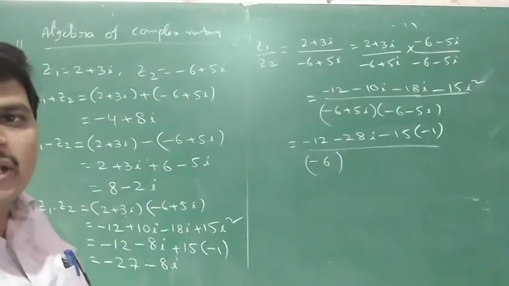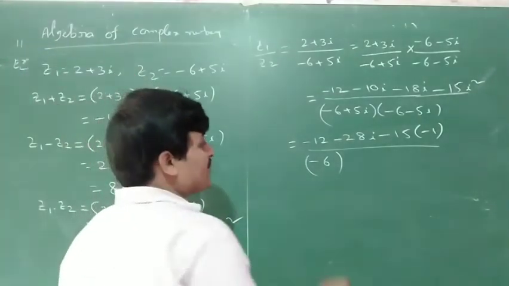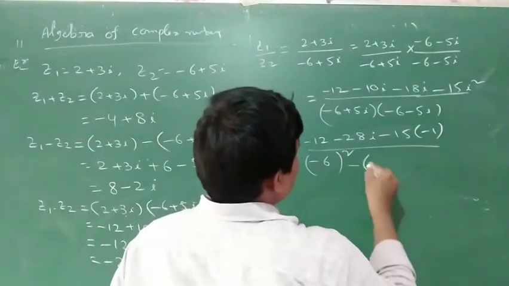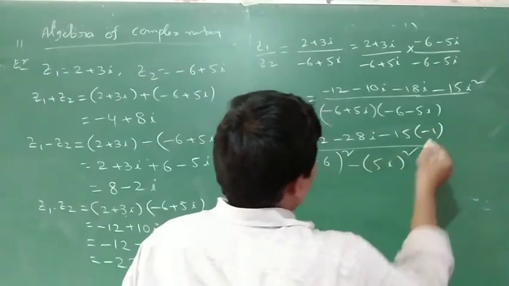A plus b into a minus b is equal to a square minus b square. So a square is minus 6 whole square, minus 5i whole square.